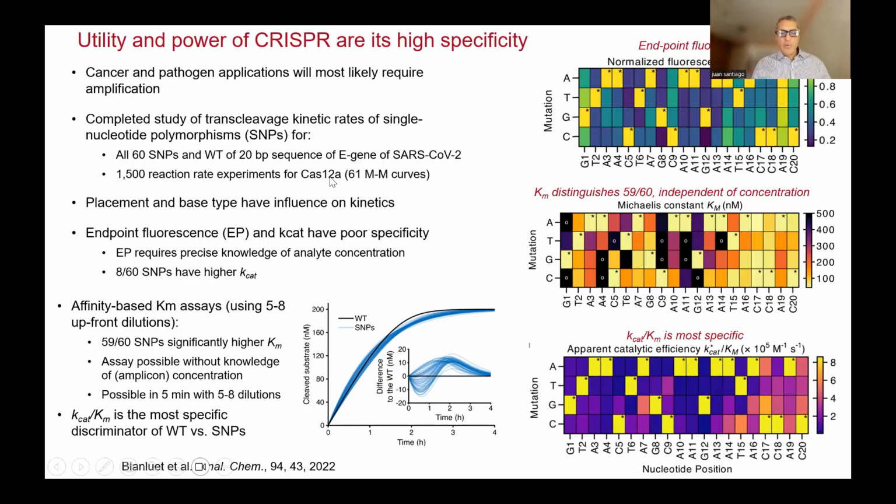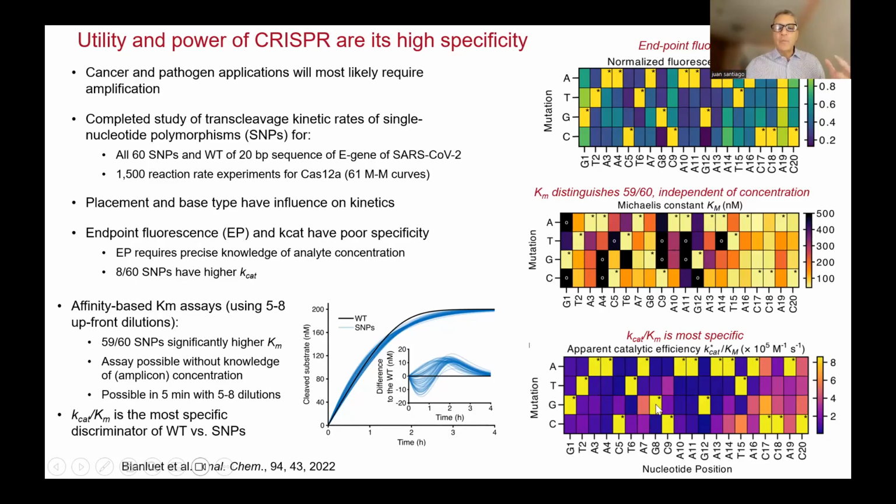And so here we have a study where we systematically looked at every possible single point mutation in a 20 base pair length of sequence for the E gene in CRISPR. The starred components here are the wild type signal, and the background is all the mutations. You see the wild type is much stronger.